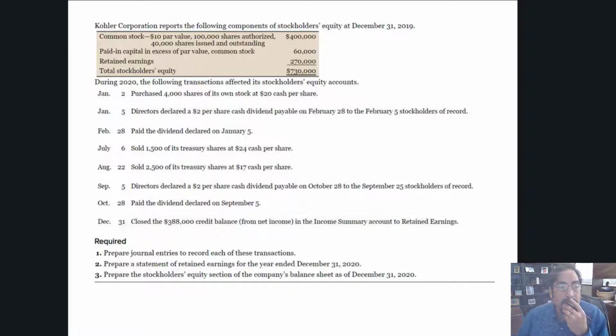So I'm going to look back up at the top, and we've got 40,000 shares issued and outstanding. When we've got issued and outstanding, we don't have any treasury shares. So this is the first time that we've got treasury shares here.